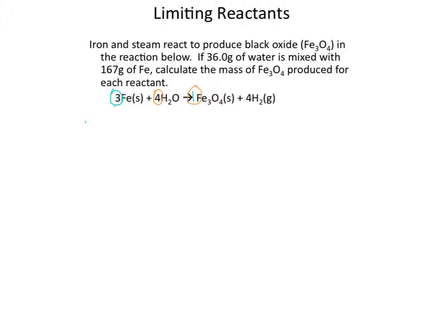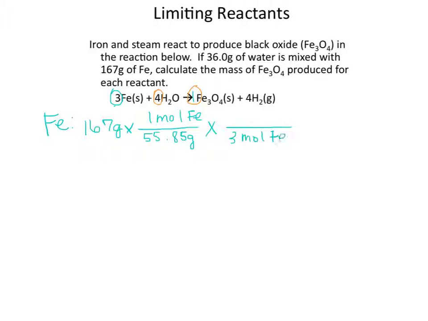If we start off with 167 grams of iron, we need to divide it by its molar mass. The atomic mass for iron is 55.85 grams per mole of iron. And if we take the mole-to-mole ratio to find out how many moles of black oxide are produced, you know that 3 moles of iron produce 1 mole of black oxide.